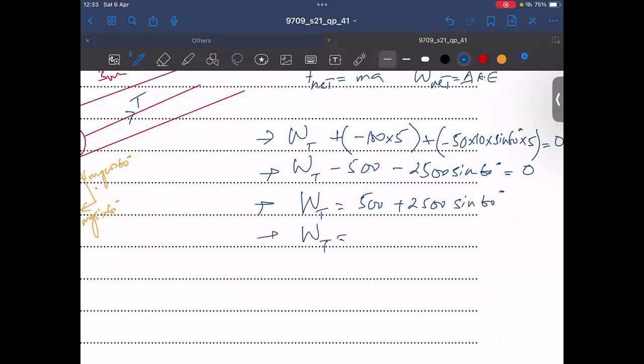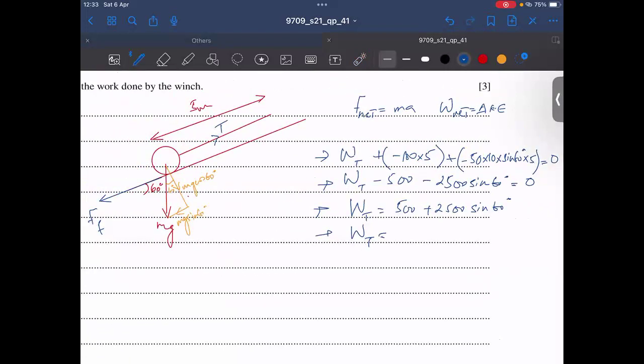Amna, do you have the calculator? Aisha, is it clear to you till now over here? Is it clear? Yes, sir. Okay. Yes, Amna? Yes, sir, I'm calculating. Just calculate this.